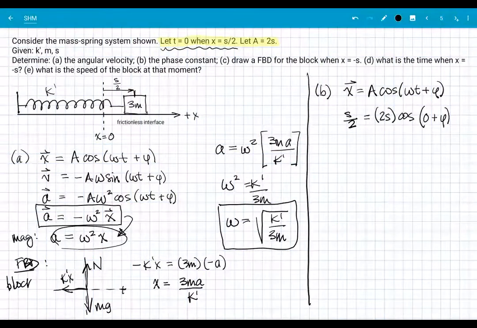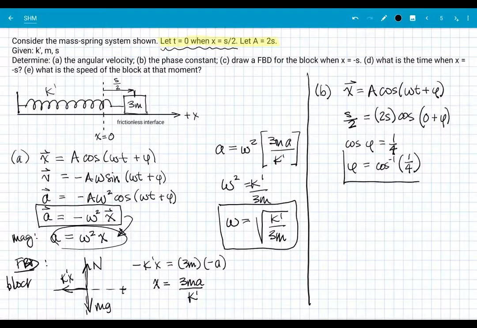All right, so now I have this equation, and I can use it to solve for what I need. What do I have? Cosine phi is equal to 1 over 4. And of course, then phi will be equal to arc cosine of 1/4.